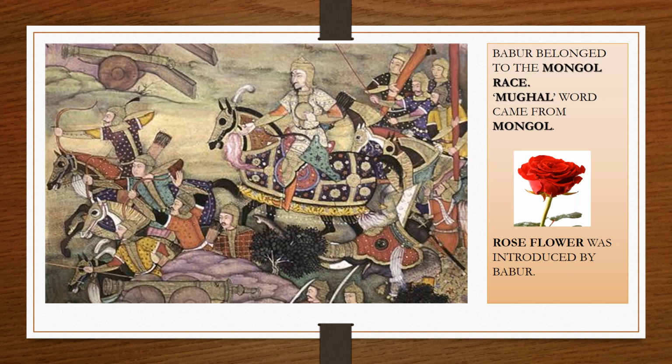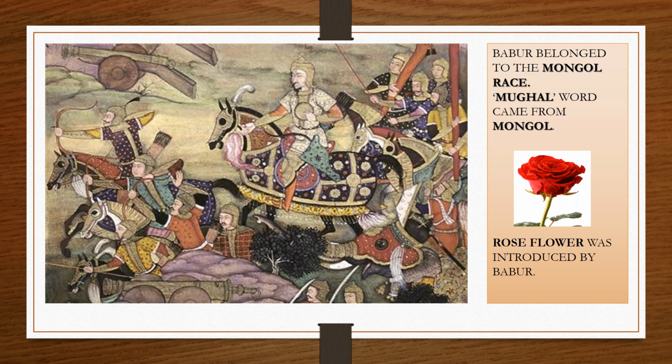Babur invaded India and defeated Ibrahim Lodi, the last ruler of the Lodi dynasty, in the first Battle of Panipat, and ended the reign of the Delhi Sultanate. And that's how the Mughal Empire took the reign in their hands.